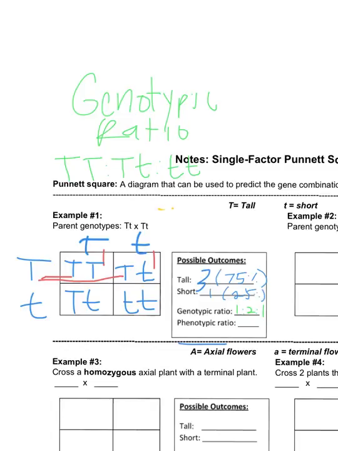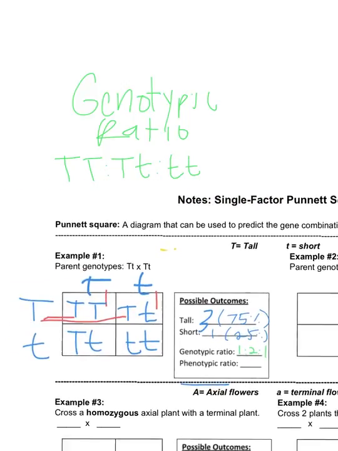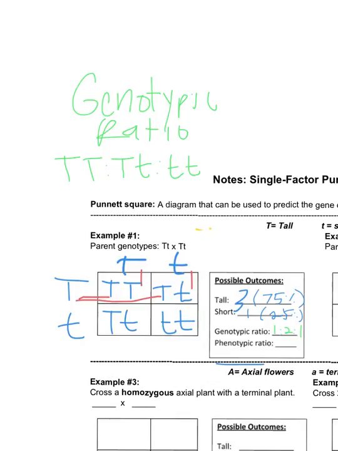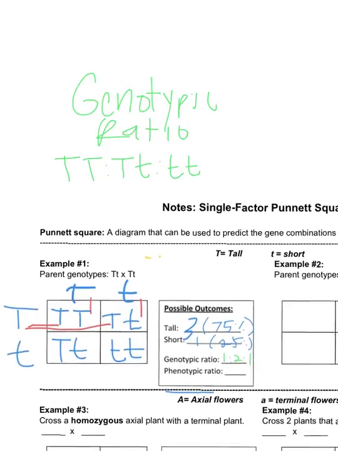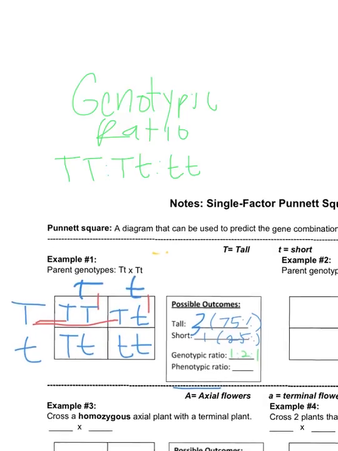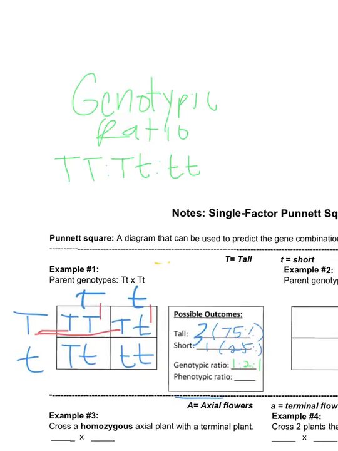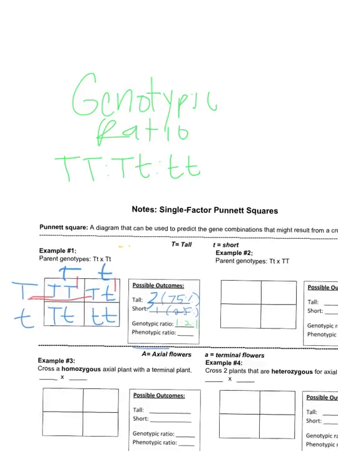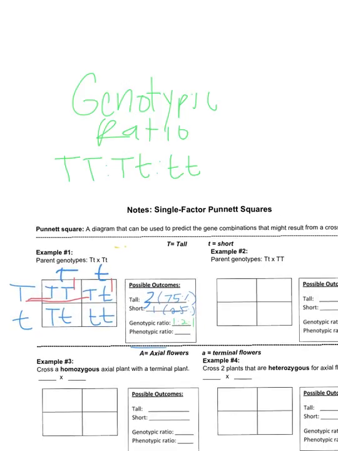Okay, so now let's figure out what the phenotypic ratio is. We're going to write another cheat sheet over here at the top. So phenotypic ratio. We're going to erase this little cheat sheet. Let's see. Our phenotypic ratio, use red.